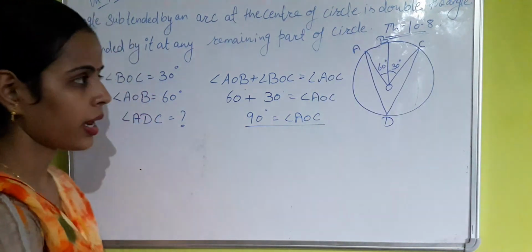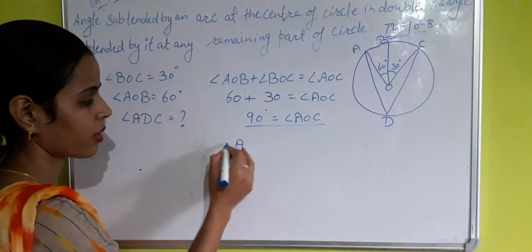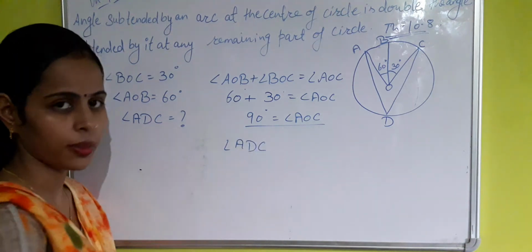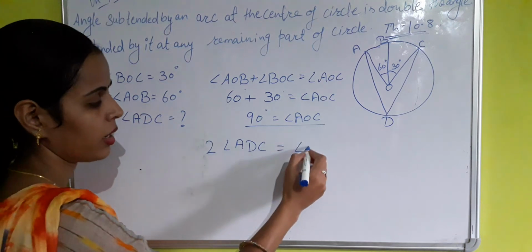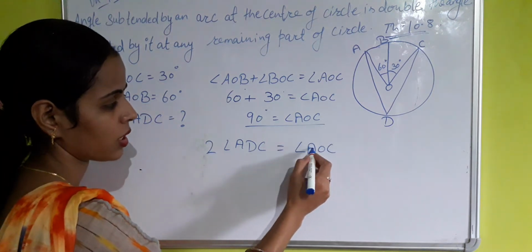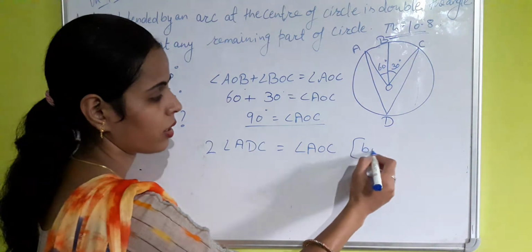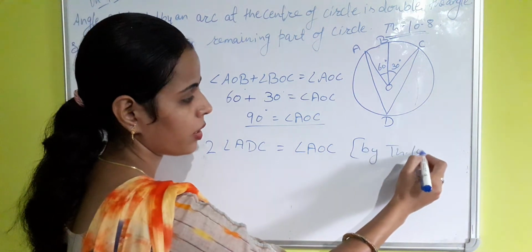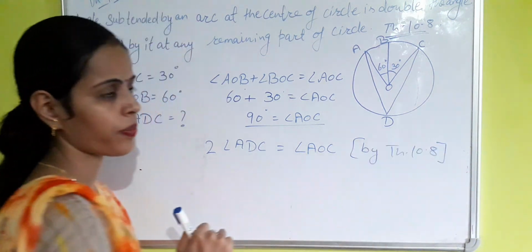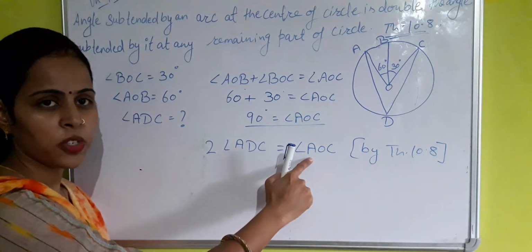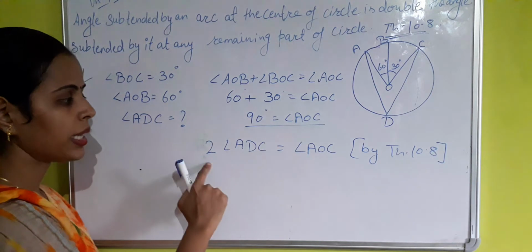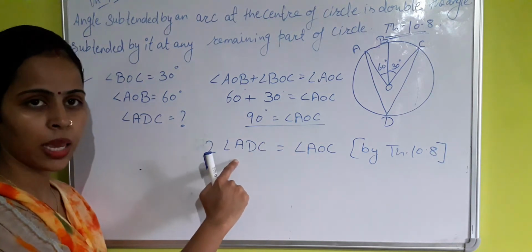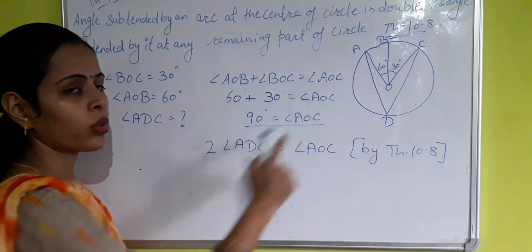Angle ADC is half of angle AOC by theorem number 10.8. The angle subtended at the center of a circle by an arc is double the angle made by the same arc at any point on the circle.